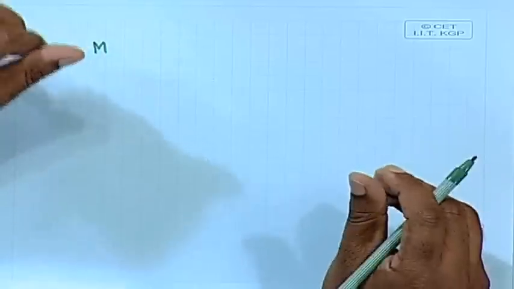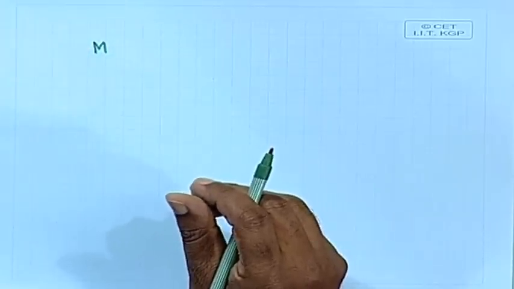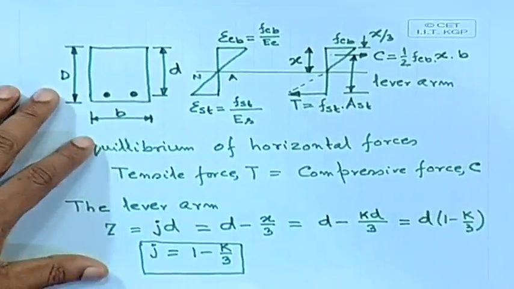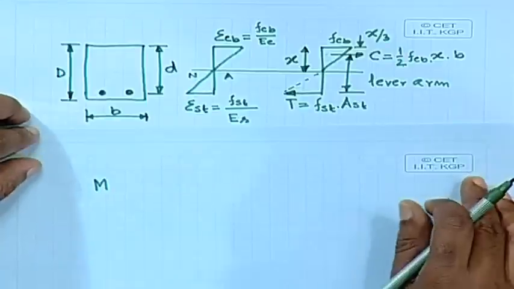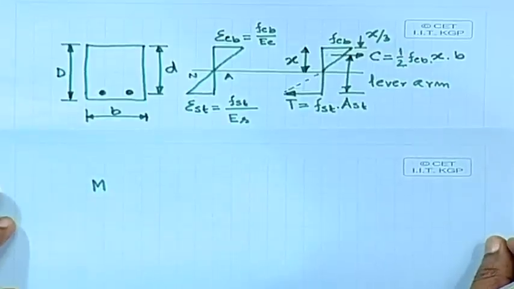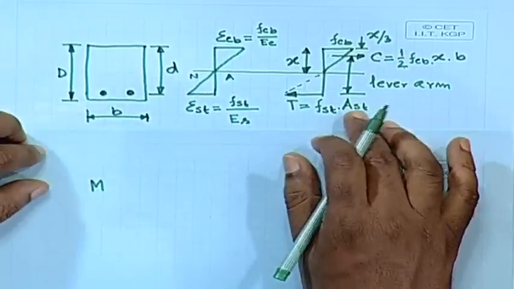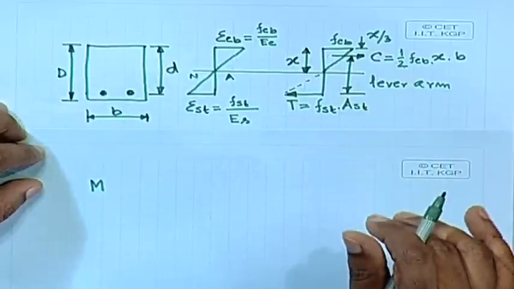Let us keep it like this, then it will be easier, so that we can get that equation again.